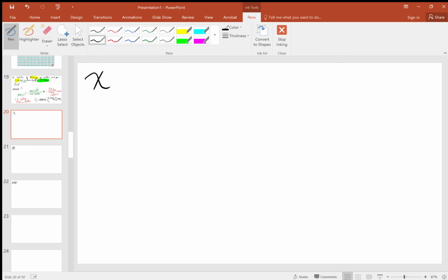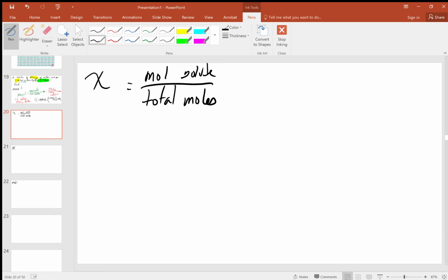What about mole fraction? So this is going to be the moles of solute over total moles. So total moles here would be the moles of solute plus moles of solvent.